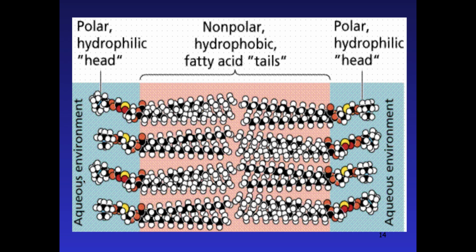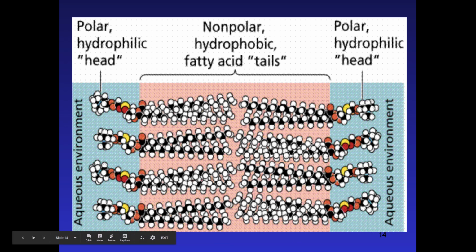Okay, the word aqueous means water. Again, we need to know these kind of root words. Hydro is a word for water, and the word aqua is a word for water, right? Aquaman, right? He lives in water. He likes water, okay? An aqueous environment means a watery environment, okay? So we see the polar heads are in, right here in the middle, this is our cell membrane, right?